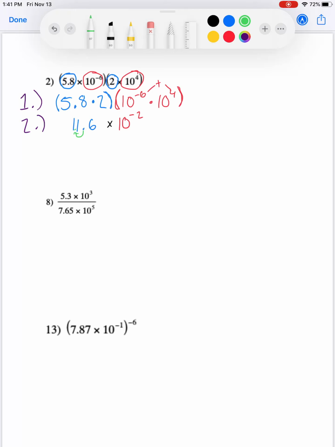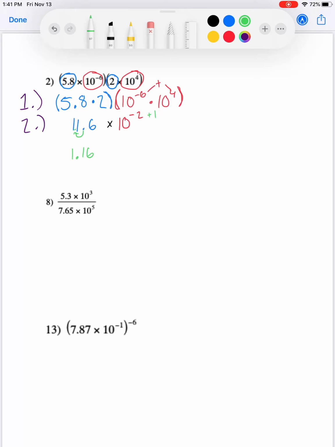But in order for me to do that, I need to change the exponent. Since I'm turning 11.6 into 1.16 and making it smaller, I need to add 1 to my exponent.